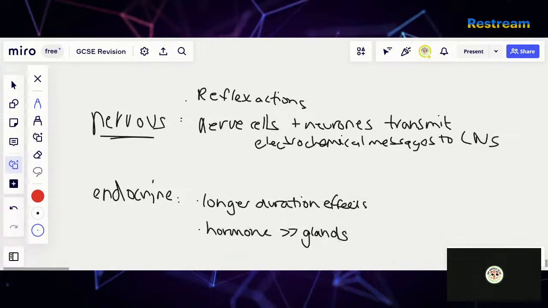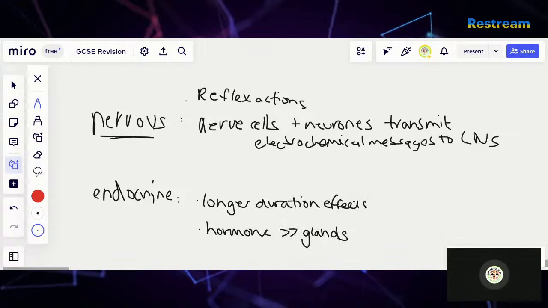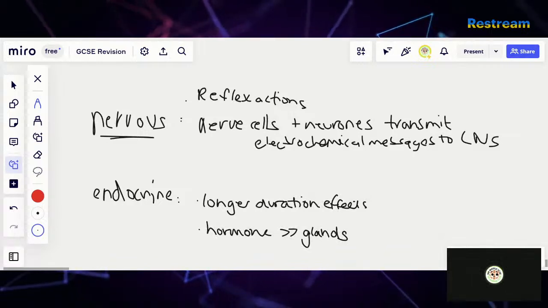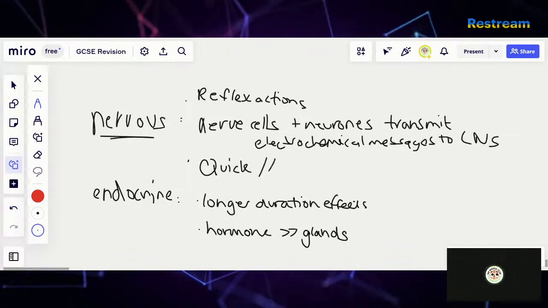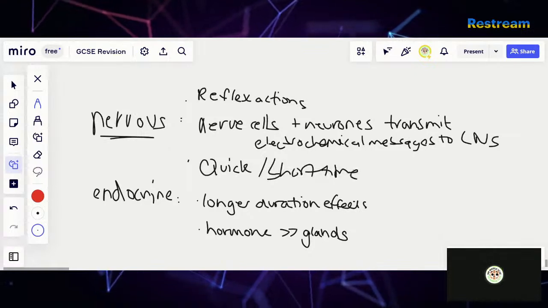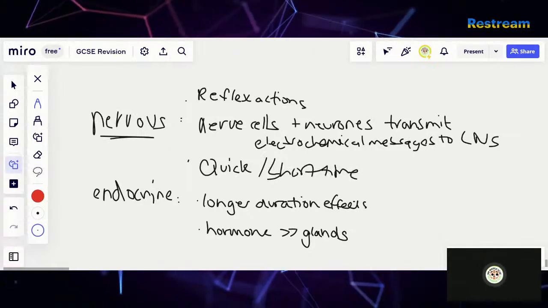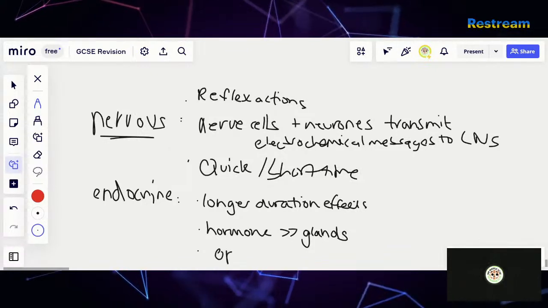In the nervous system, electrical impulses travel along the neurons, and they are quick and last a short time. So reflex actions are quick and short. The endocrine system works in optimal conditions. That's another thing you need to say.